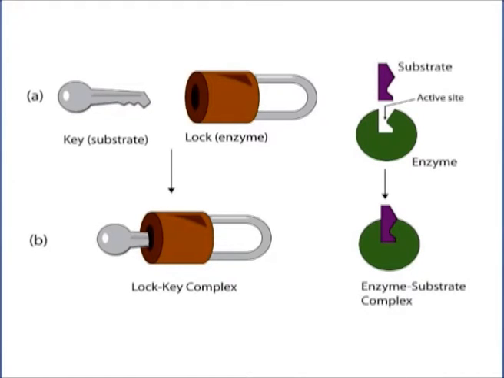In 1894, Emil Fischer proposed that both the enzymes and substrates possess specific complementary geometric shapes that fit exactly into one another. This is often referred to as the lock and key model. This model explains enzyme specificity but fails to explain the stabilization of the transition state that enzymes achieve.